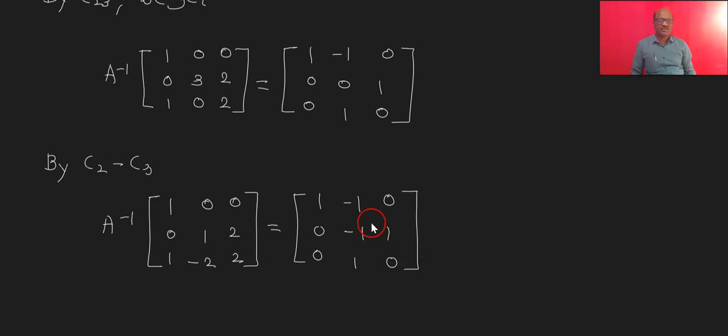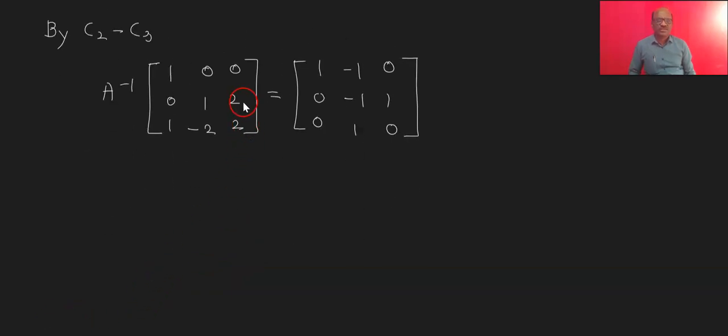Here is minus 1 1 0 1 0, and here it's 0 1 minus 2 2 2.